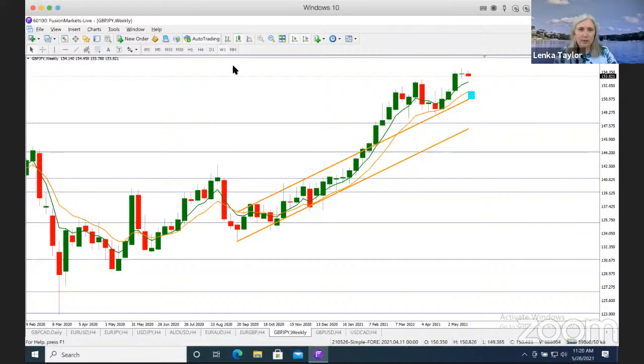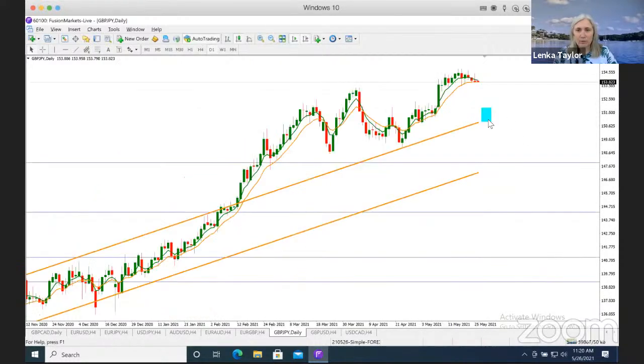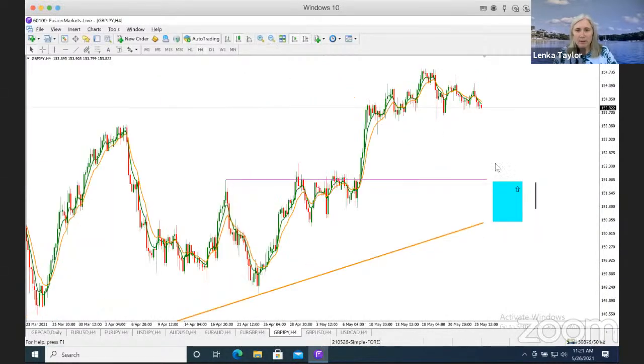I'm not going to be entering that trade anytime soon. On the daily, I'm looking for the pullback to the top of the channel at least. So on the 4-hourly, somewhere around this area. So looking for that pullback before entering any long positions.